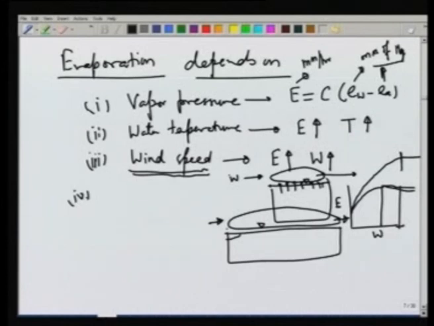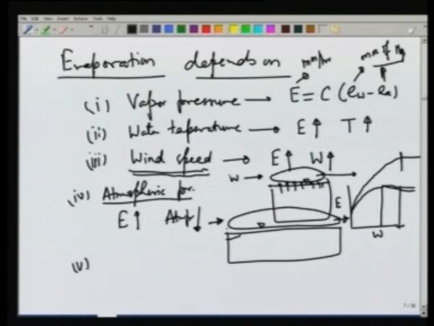The next parameter which will affect evaporation is the atmospheric pressure, and in this case we have an inverse relationship. E increases as atmospheric pressure decreases, and this is due to the effect of vapor pressure.